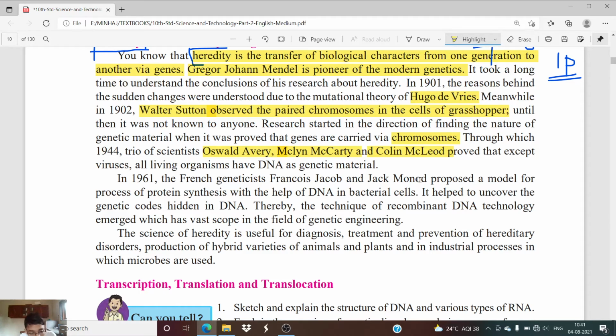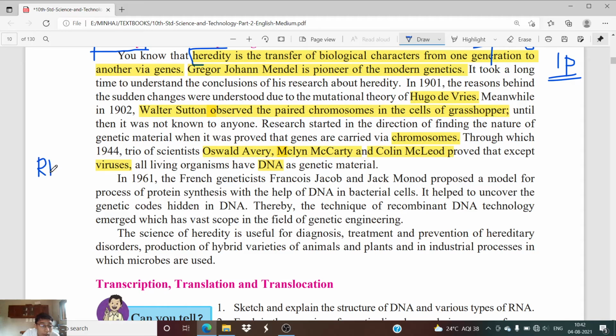So each and every living organism has DNA as genetic material. But viruses do not have DNA as genetic material. In viruses you will find RNA.